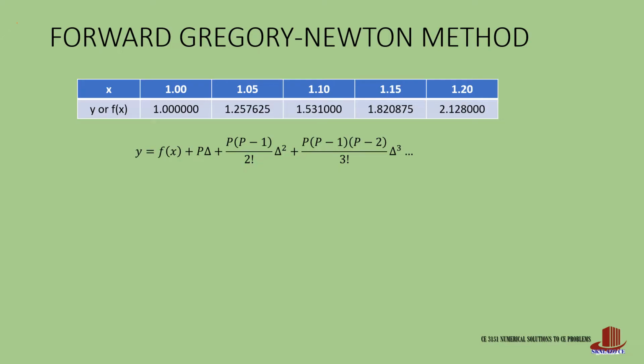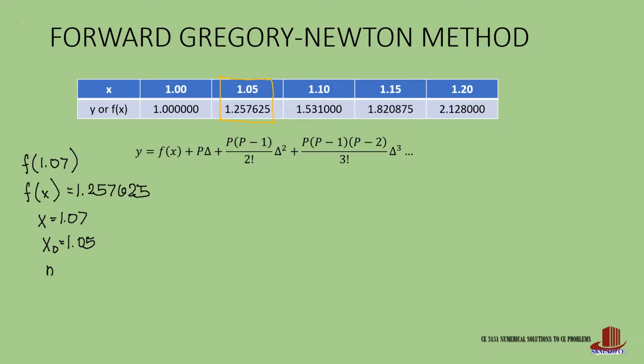So let's have our summary. F of 1.07 is our required. F of x, which we are going to use, would be 1.257625, as we are going to use this as our preceding value of x. Thus, we have x is equal to 1.07 and x naught as 1.05.